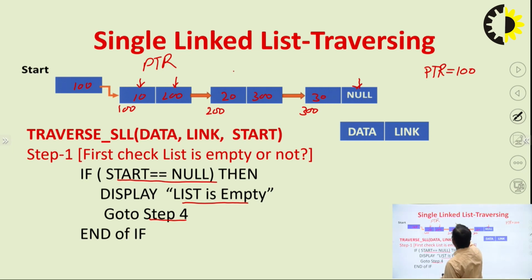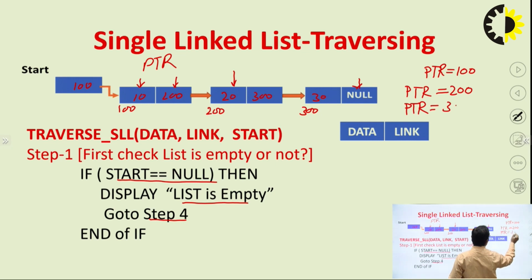Again PTR will be updated, and now PTR will contain PTR next, that means 100 next. It will contain 200. Now PTR will point to the second node, and we will display the information inside the second node. Now we will again update the PTR pointer. PTR will contain 300.